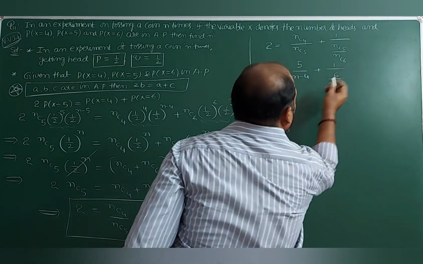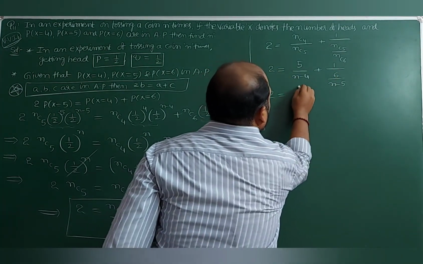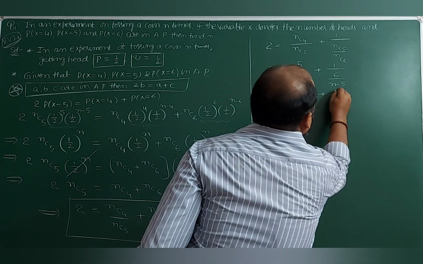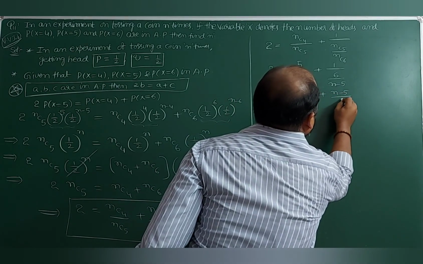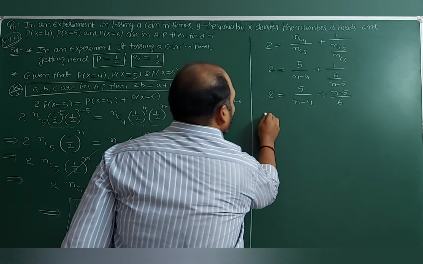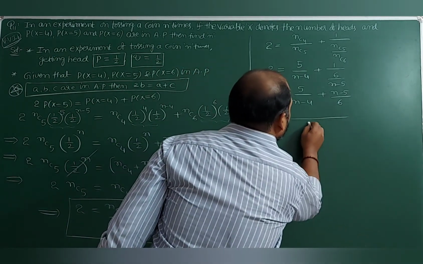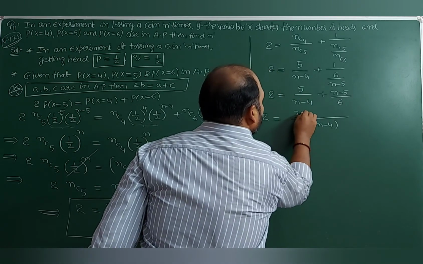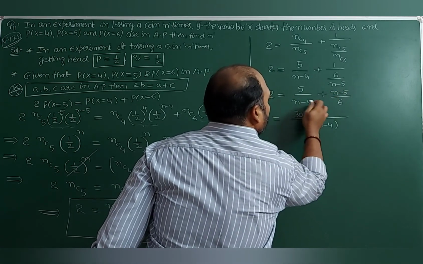So denominator of denominator, numerator: 2 equal to 5 by n minus 4 plus (n minus 5) divided by 6. Now take LCM here. 2 equal to 6 times (n minus 4), 6 into 5, 30, (n minus 5) into (n minus 4).